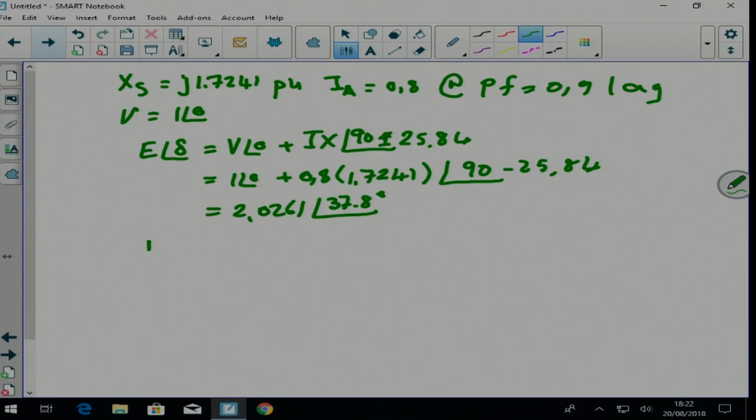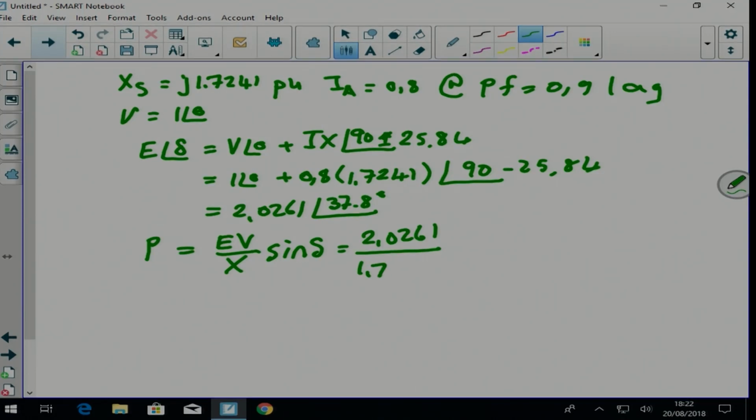And the developed power, or the output power, is EV over X sine delta. In this case, it will be 2,0261 divided by 1,7241 sine 37,8, and that gives us a value of 0,72 per unit.